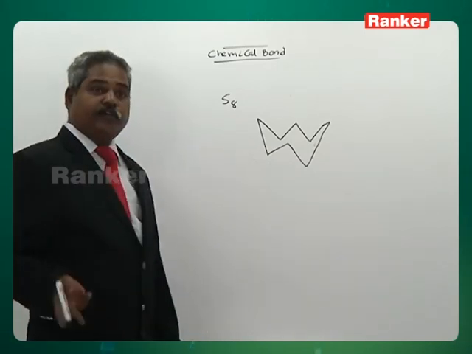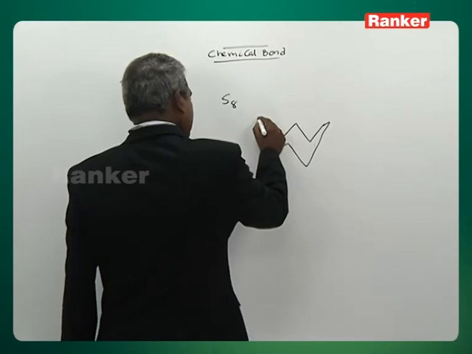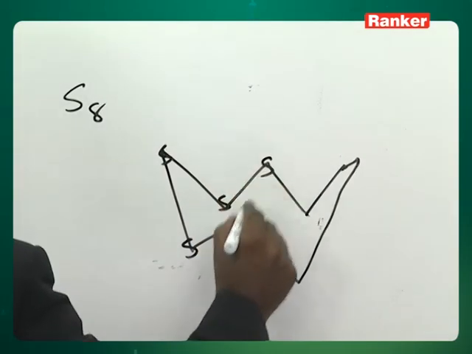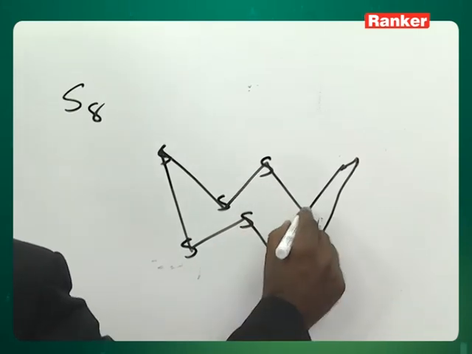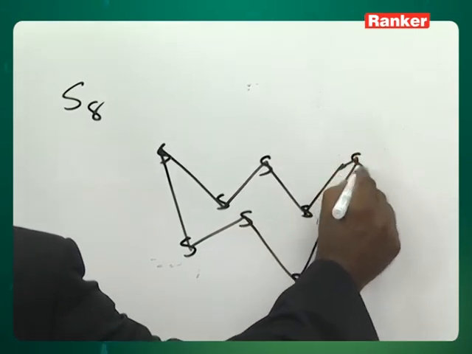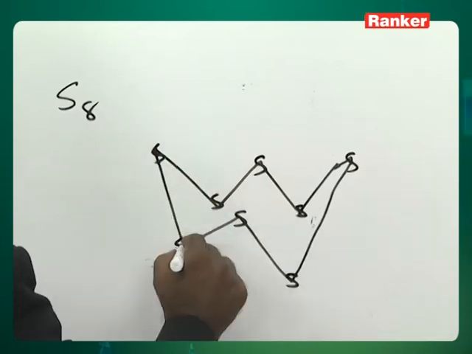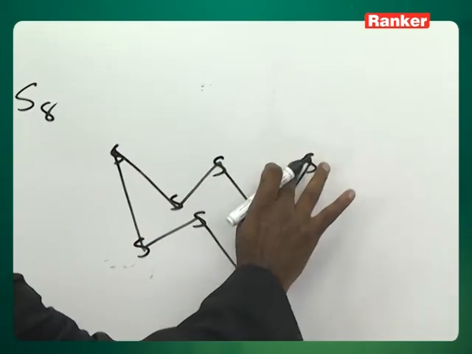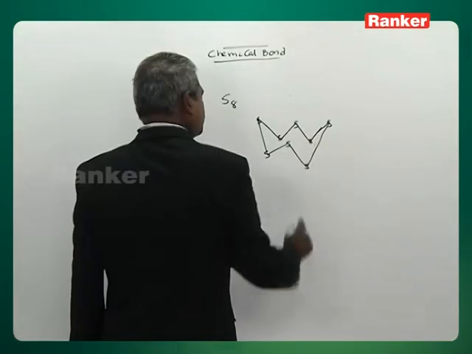Each sulfur should have a V shape around it. If you have sulfur here, there is a V. The other two sulfurs should be in a V. Now you are seeing so many V's here. V shape, V shape, V. Around each sulfur there must be a V shape because of two bond pairs, two lone pairs.